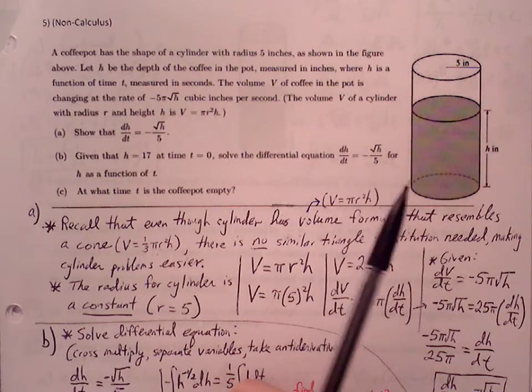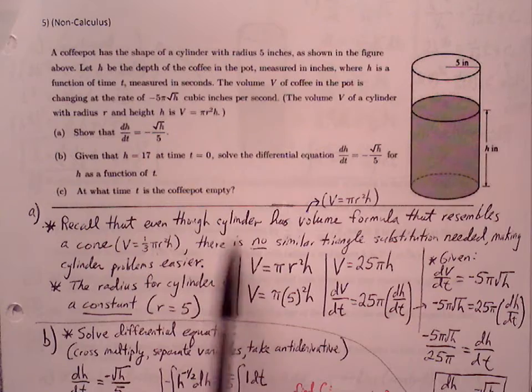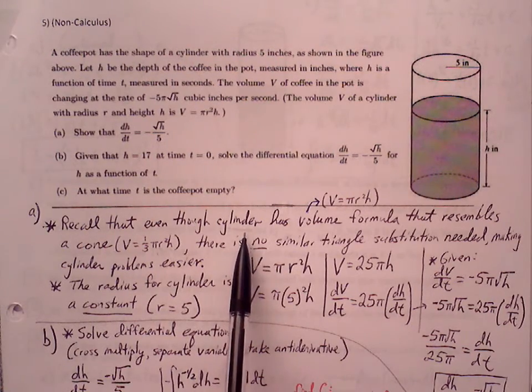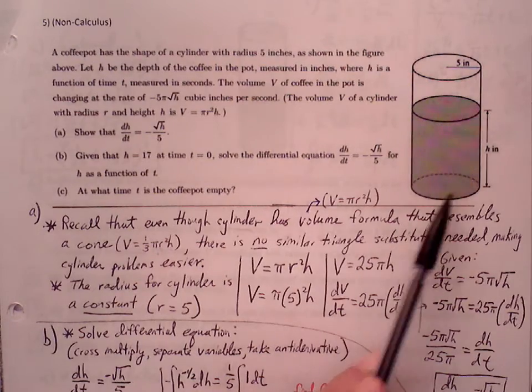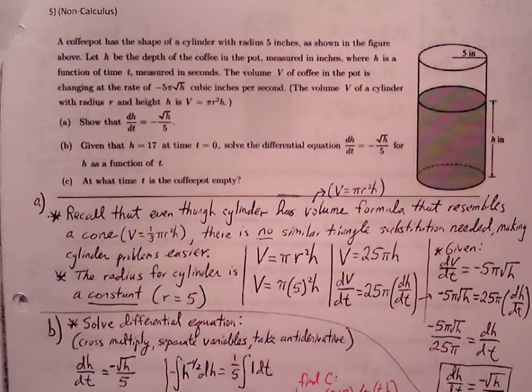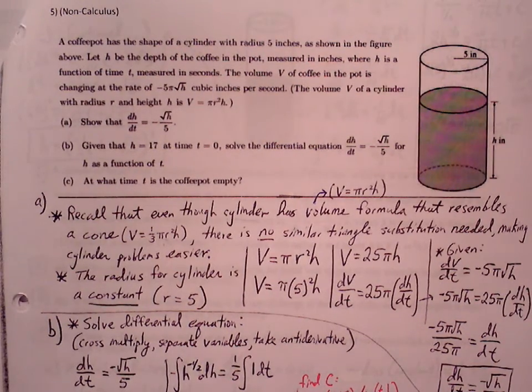That's something to keep in mind with cylinders: your related rates will be easier because you can replace that r with 5, and we lose a variable and make it easier on ourselves moving forward.